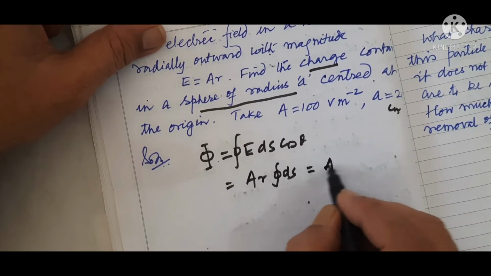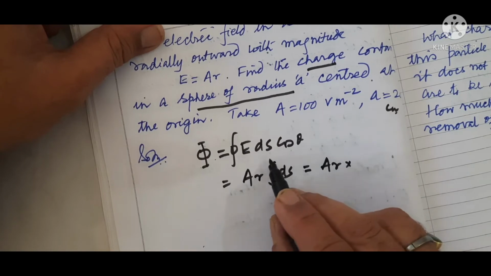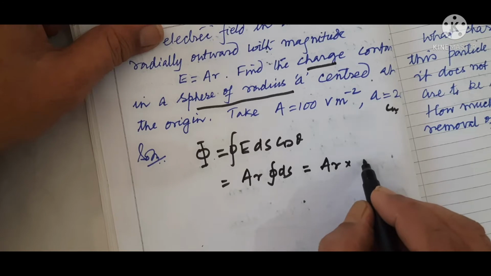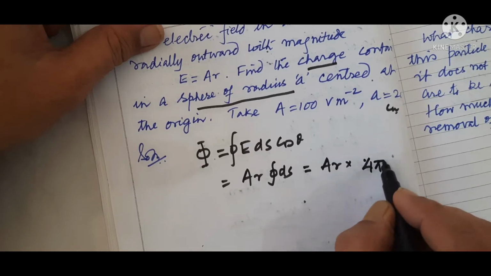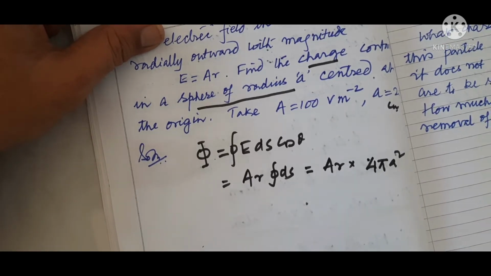So ultimately A into r into the integration of area, which is 4 pi a square.